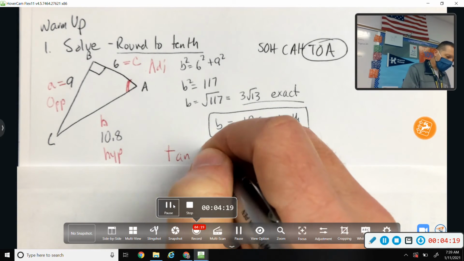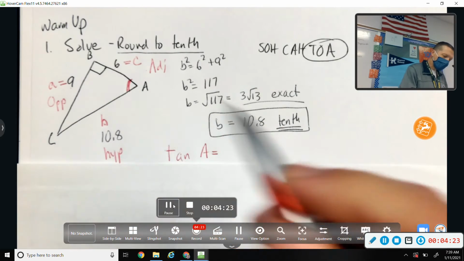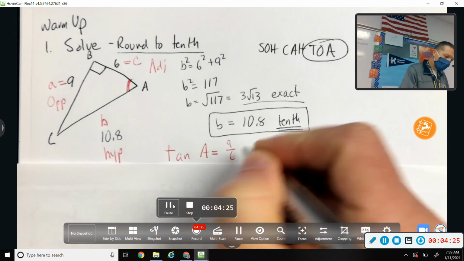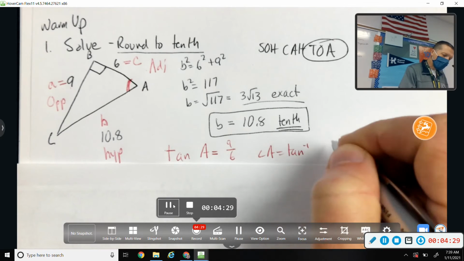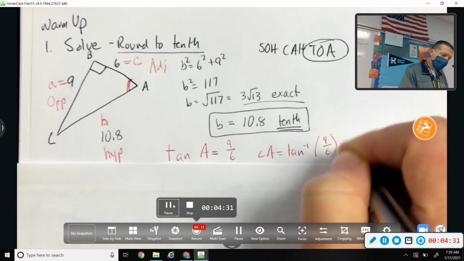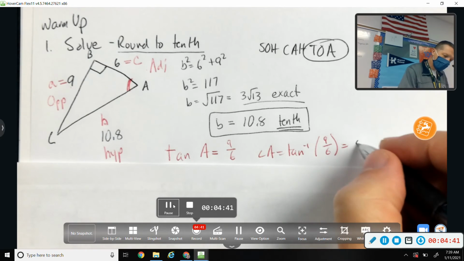So the tangent of angle A is opposite over adjacent. So angle A is the inverse tangent of opposite over adjacent. And I get 56.3 degrees.